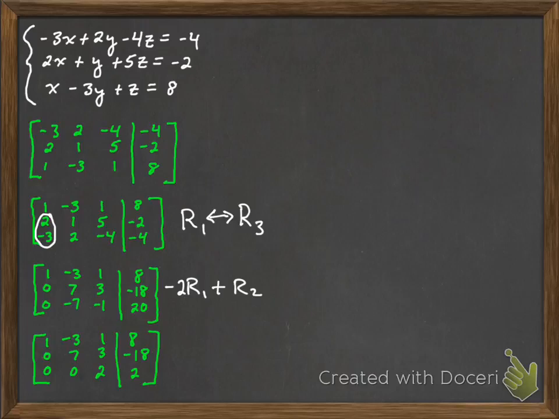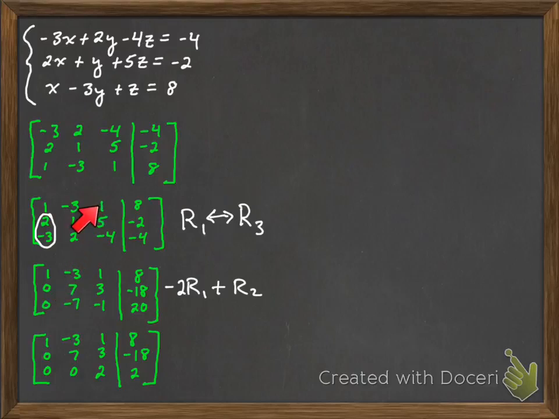When we do that, negative 2 times 1 is negative 2, added to 2, that gives us this 0 right here. Negative 2 times negative 3 is positive 6, and 6 plus the 1 gives us a new value of 7 in row 2.